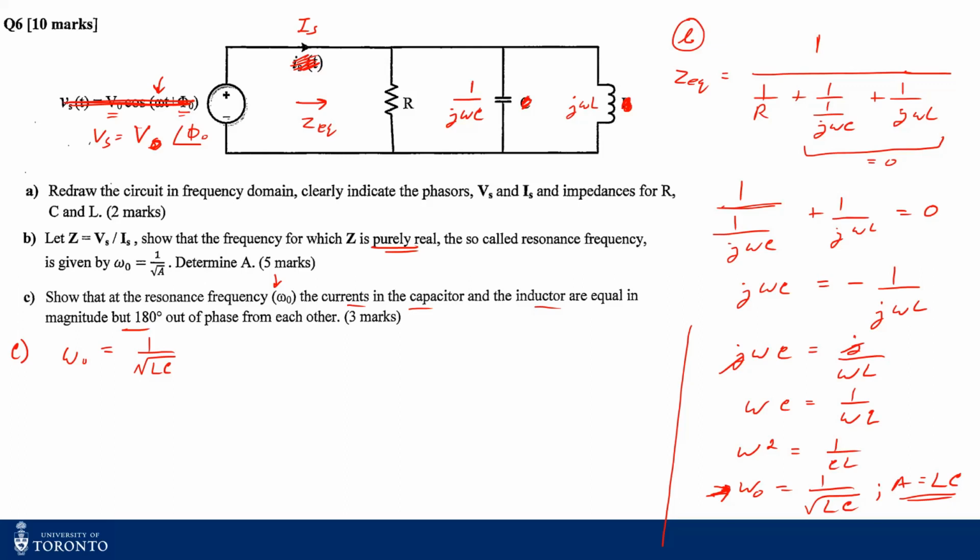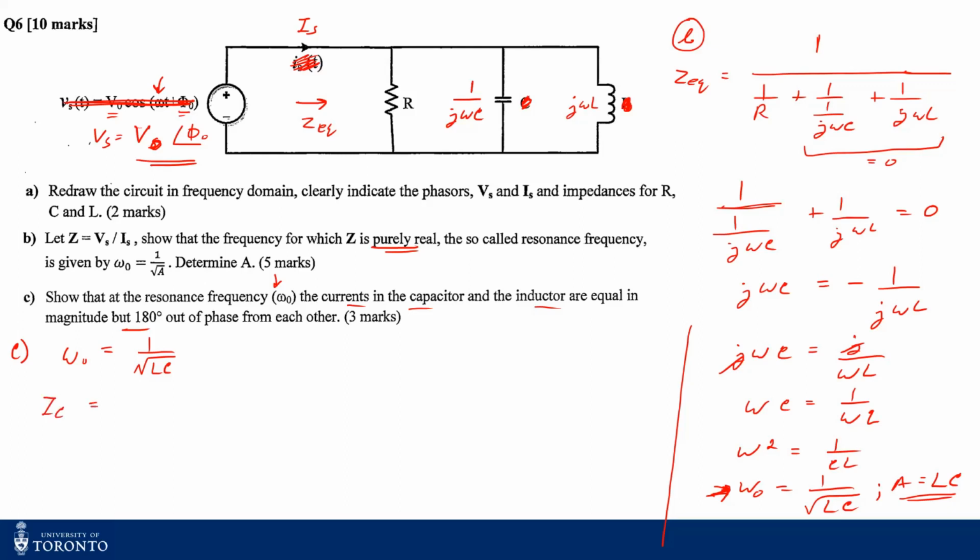Now, you see, what's the voltage across the capacitor? It's Vs. The voltage across the resistance, capacitor, and inductor is the same as the source voltage, right? Which is this one, because they are all in parallel. So what's the current through the capacitor?